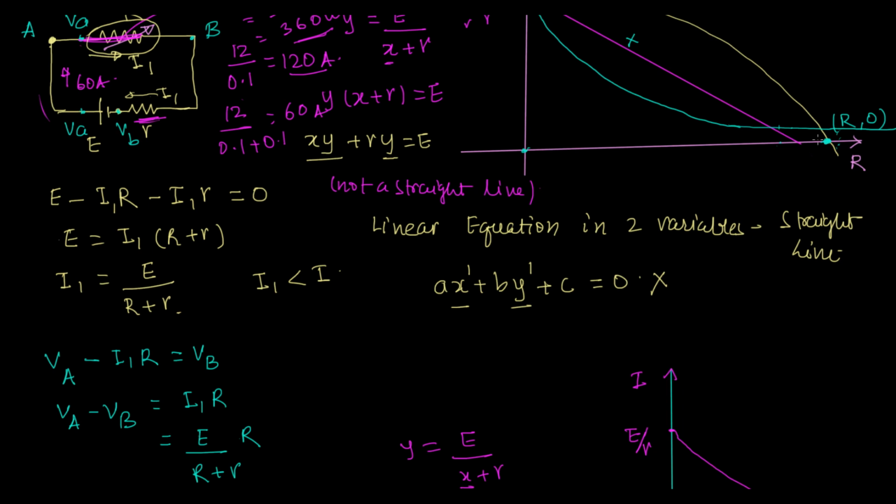This we had seen, that the current tends to go to 0 if your R tends to infinity. We never say that it becomes infinity. Infinity is a number that is larger than the largest that you can even imagine. So you never say that something becomes infinity, you only say that it tends to infinity.